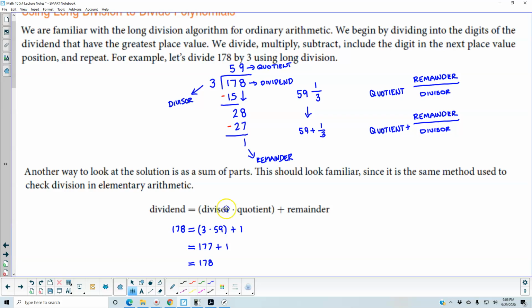So the dividend is equal to the divisor times the quotient plus the remainder. Well, 3 times 59 is 177, plus 1 gives us 178.